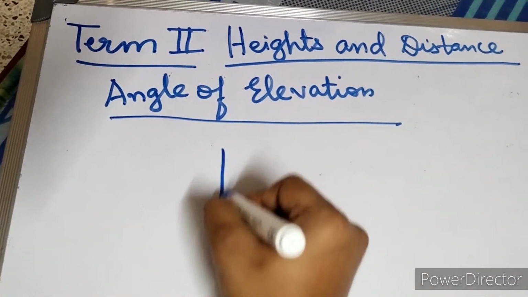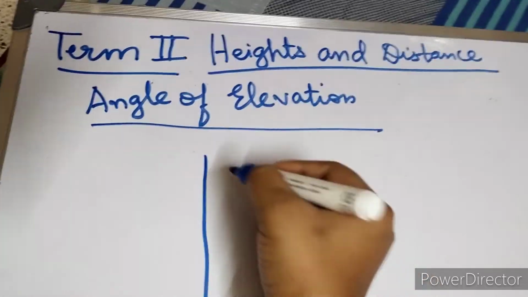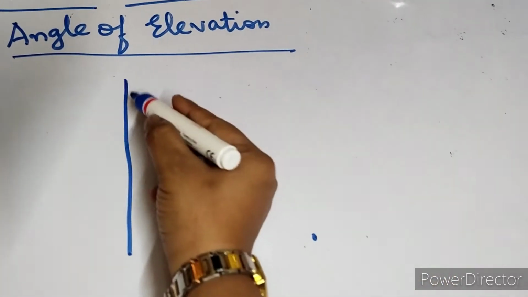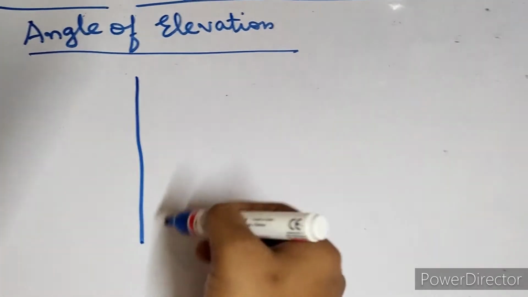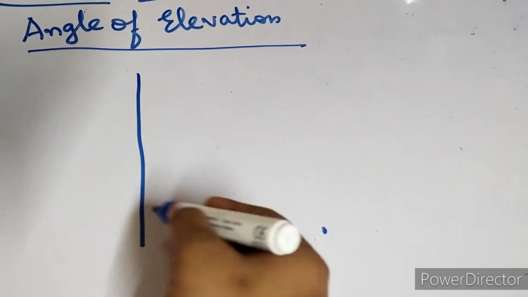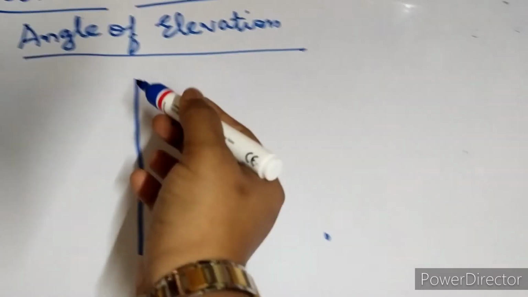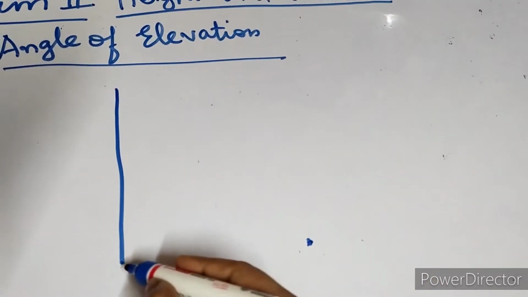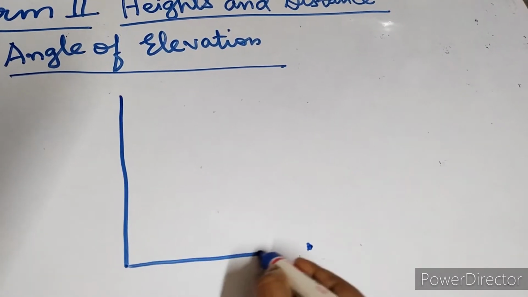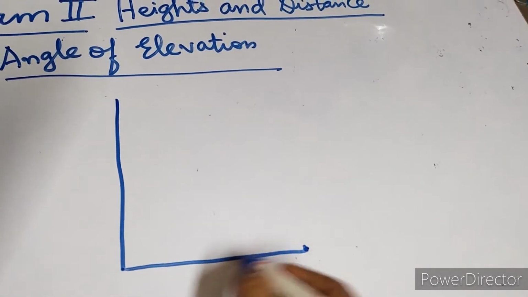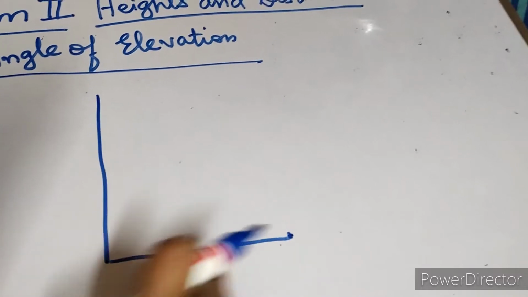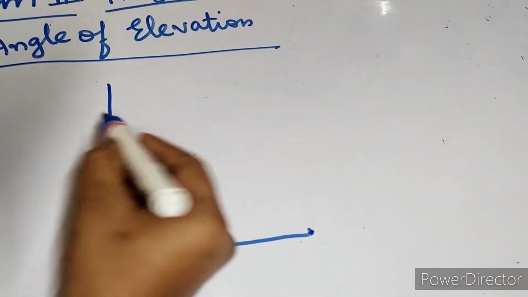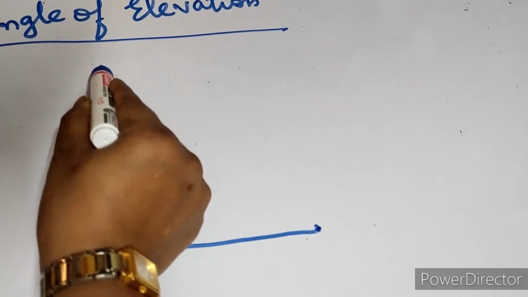Heights and distance means, suppose you're standing here and you're seeing a building, a tower or anything, and you're looking up. Then you're making an angle with the horizontal, this is the horizontal line where you're standing.